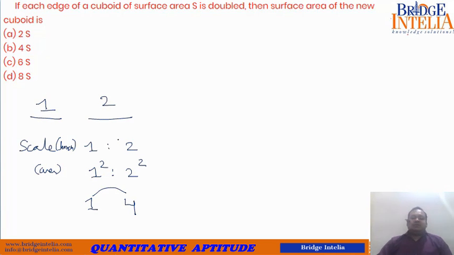Don't be bothered about whether it is total surface area or lateral surface area. Just understand the effect. If the previous area was this, the new one will be 4 times, whatever area you are referring to. Because if length is doubled, the area becomes 4 times, as can be seen in the scaling factor.